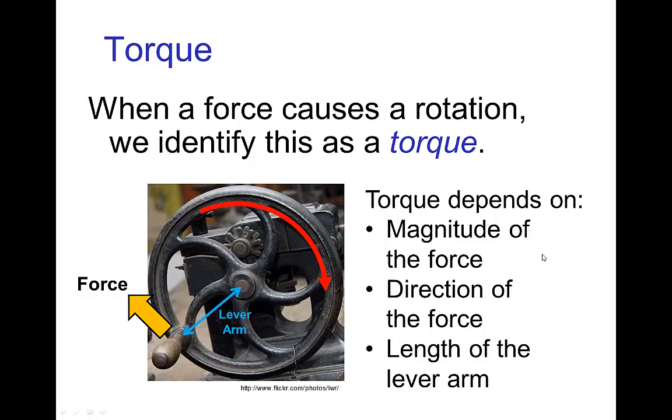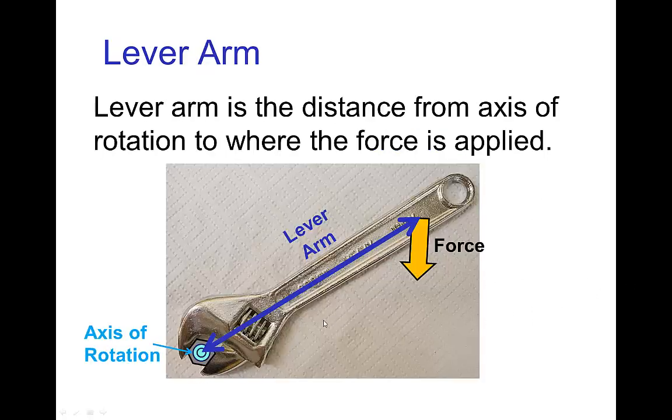Now, the magnitude of a torque depends on the magnitude of the force, also the direction of that force, and then finally the length of the lever arm, which I'll explain here in a moment. The lever arm is the distance between the axis of rotation, the point about which the rotation is occurring.